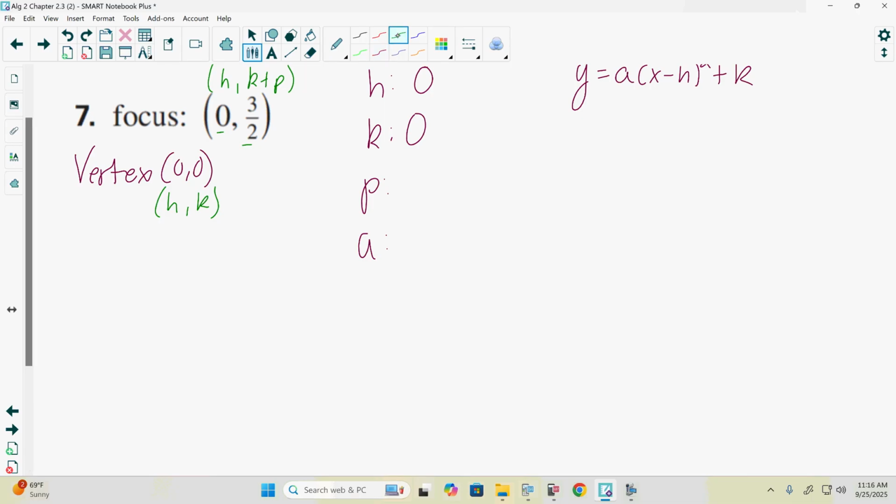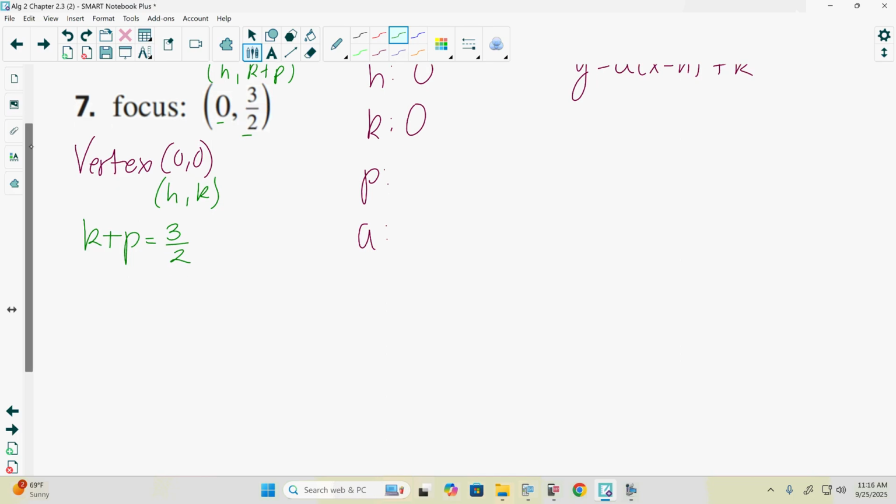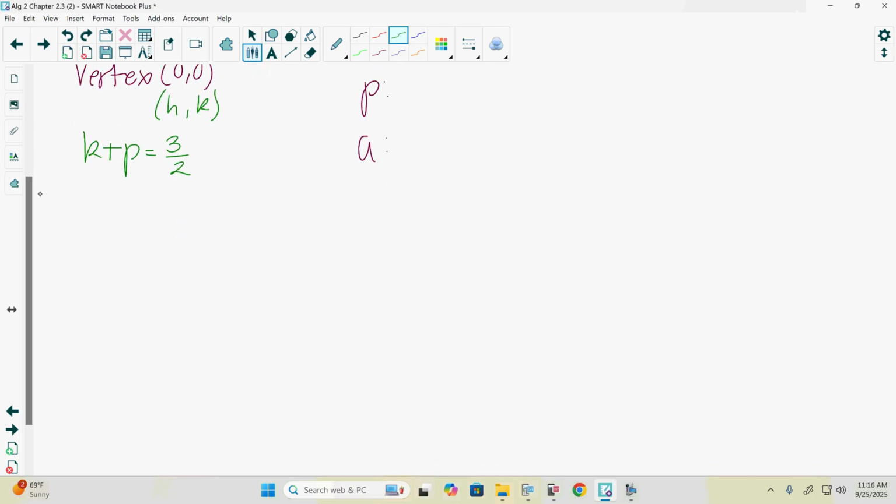Now we are saying that k plus p should equal 3/2, yes? What's the value of k? So 0 plus p, whatever p is, should equal 3/2. We added nothing to p, so p is 3/2, yes? a is 1 over 4 times p.